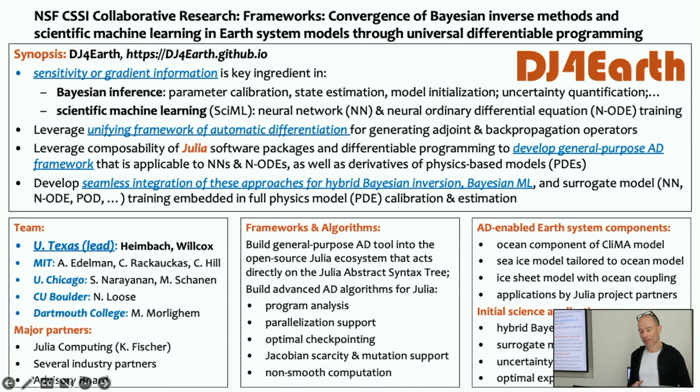And we have two main components. One is frameworks and algorithms, and we would like to generate within the language of Julia a general purpose AD tool that allows us to do these kinds of things with full-fledged climate models or components of climate models, and we'll hear about what those components are in a bit.